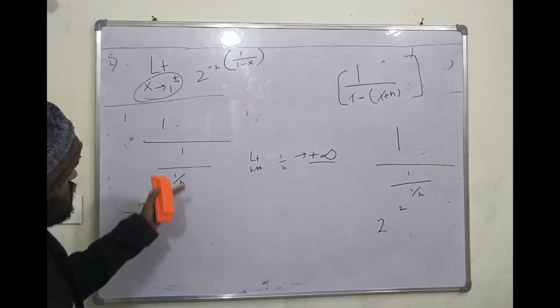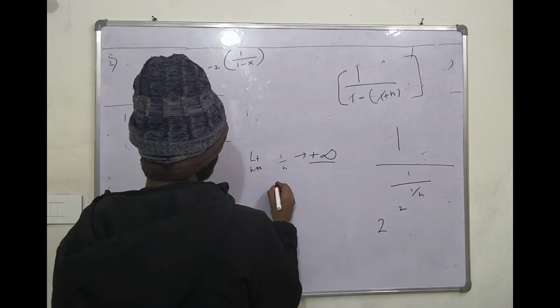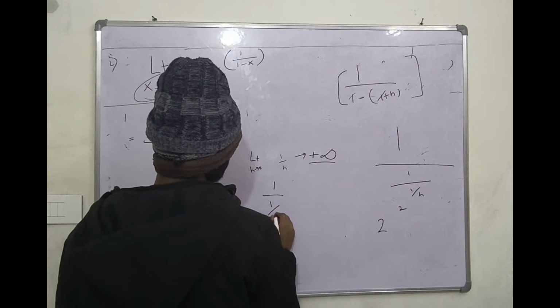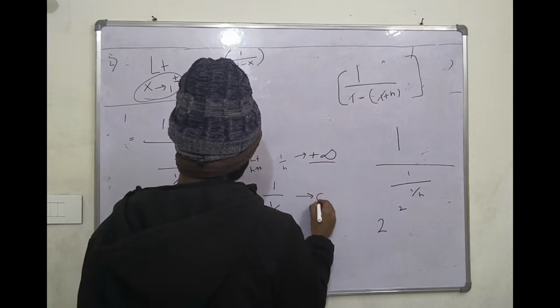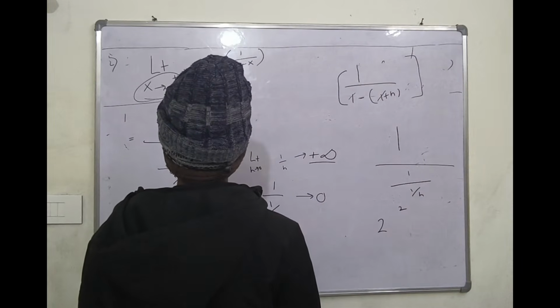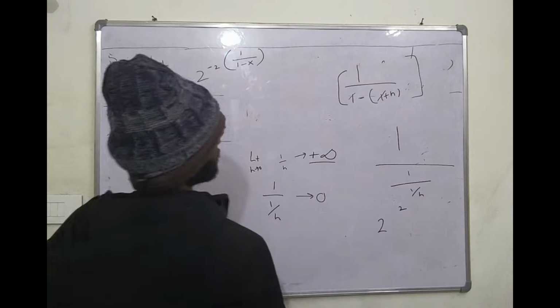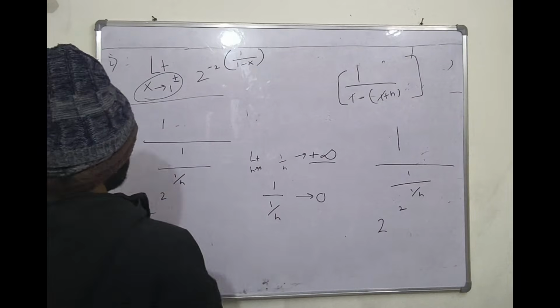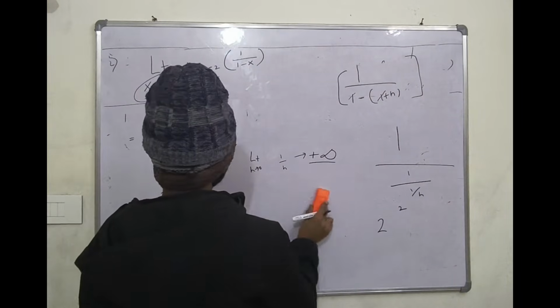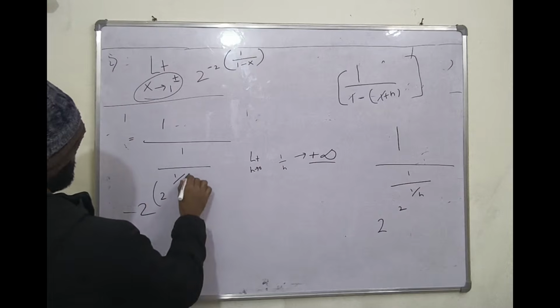Again 1 by 1 by h tends to 0. So okay, this is not 1 by 1 by h, this is 1 by 2 power 1 by h.